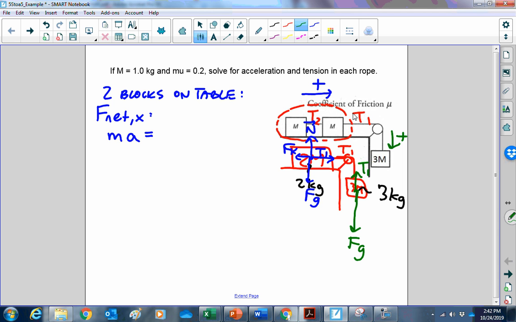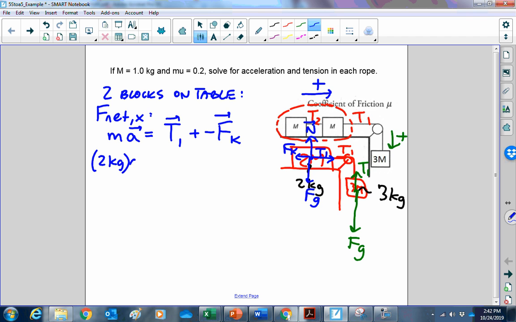I have to be consistent so the rope always moves in the positive direction as it goes over the pulley and doesn't switch directions midway through. So following that rule, I make T1 a positive force and then subtract the force of friction.